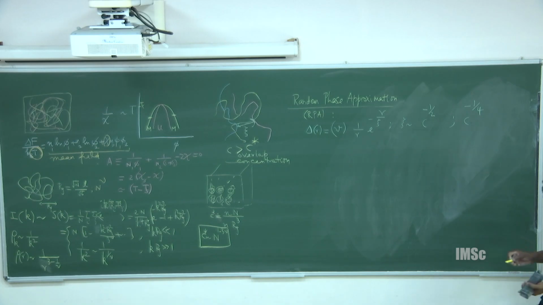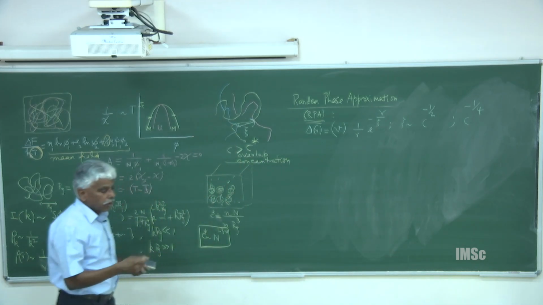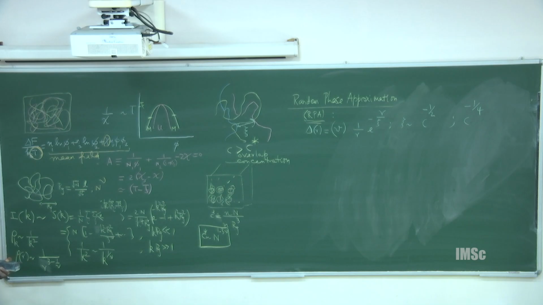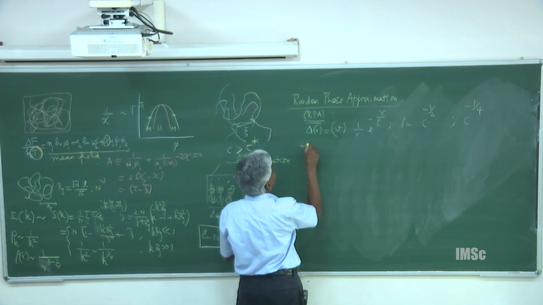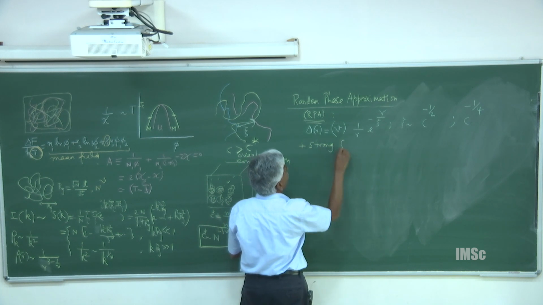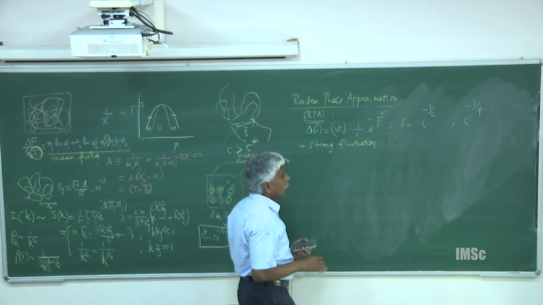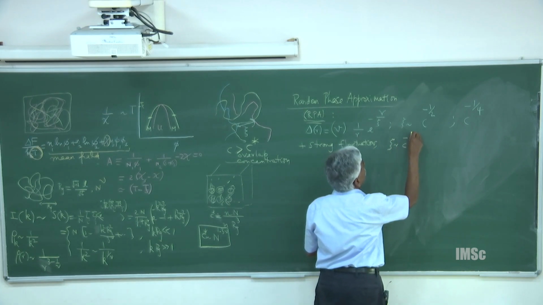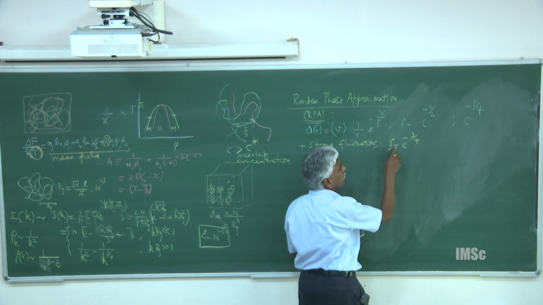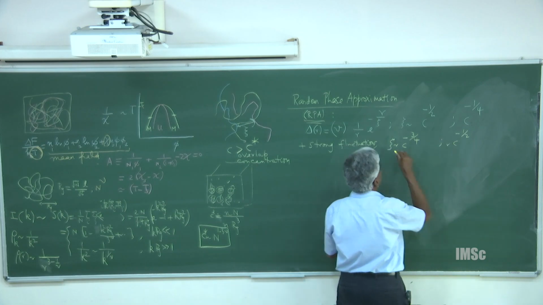Now, this is RPA. But when you have strong fluctuations, the tree-like approximation we made may not be enough, so you need to do a proper calculation. It turns out that c goes like concentration to the minus 3/4, and for charged systems it goes like c to the minus half, and we know these numbers.